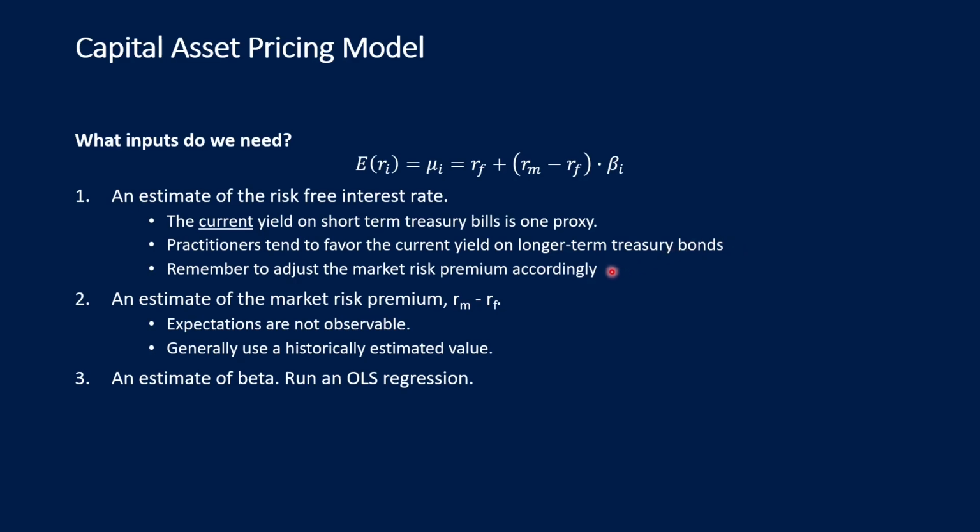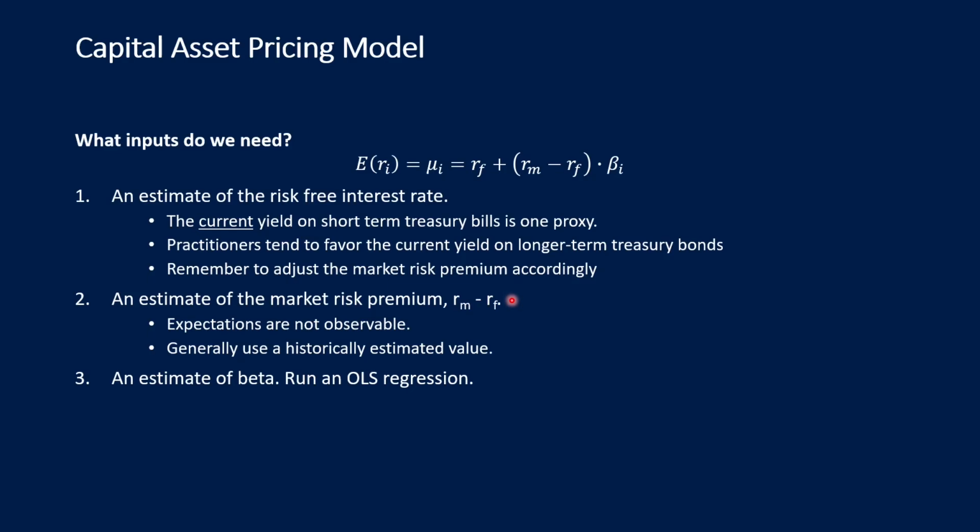And, of course, remember to adjust the market risk premium, this part, accordingly, because there is RF inside too. You have already learned in another video about the yield curve, how to derive the yield curve. If you haven't seen that video, please refer to it. So, of course, RF can be derived using the yield curve.